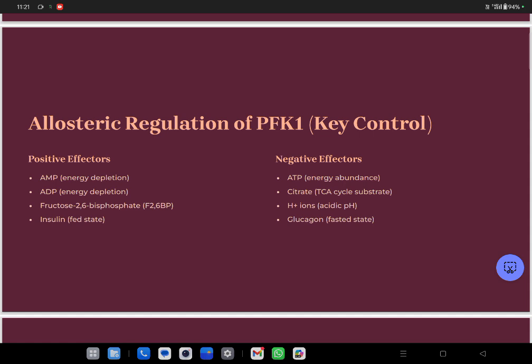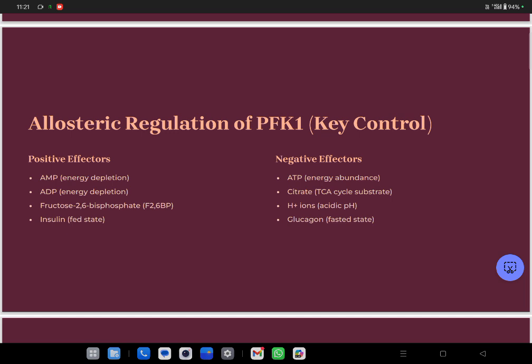There is another compound known as fructose 2,6-bisphosphate. What happens is when fructose 1,6-bisphosphate is accumulated, some of it gets converted into fructose 2,6-bisphosphate, and this inhibits PFK1.